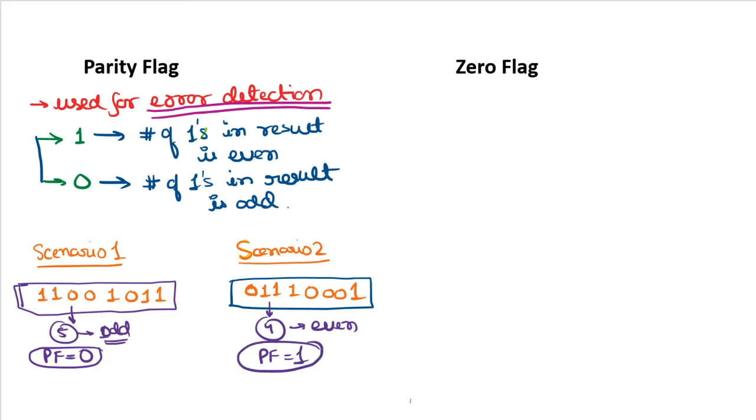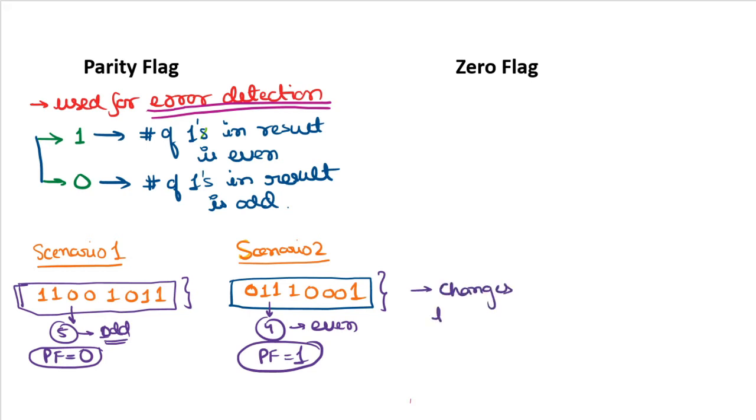Now let's suppose due to some voltage spike, the value that is stored within the accumulator changes, and it changes by 1 bit.